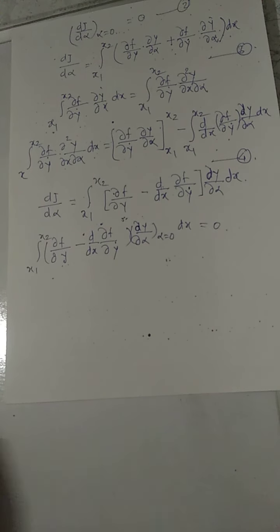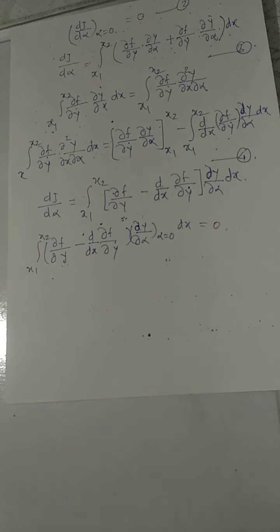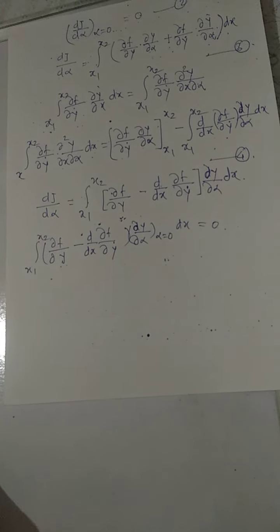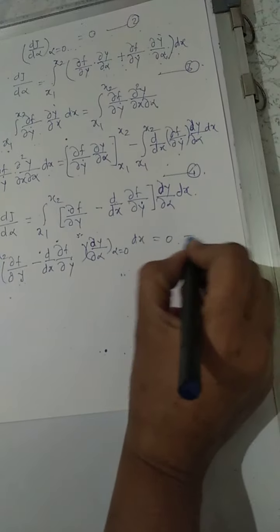Now the partial derivative of y with respect to α appears in this equation number 5.